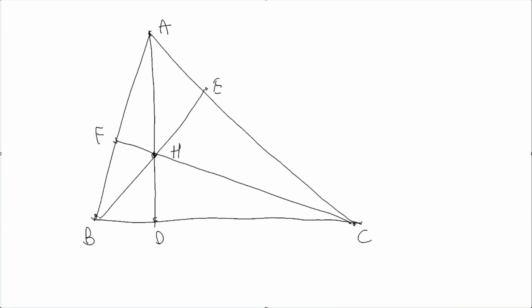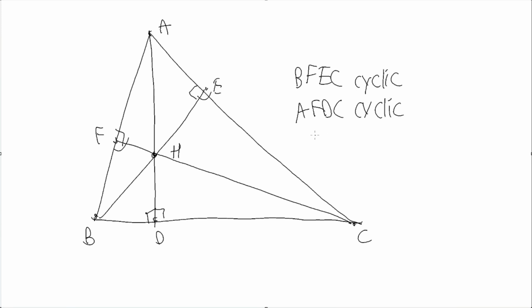Anyways, so we first know that we have all these right angles here. So right angle, right angle, right angle, right angle. So with all of these right angles, we end up getting that BFEC is cyclic. And similarly, we have AFDC cyclic, and then AEDB cyclic.